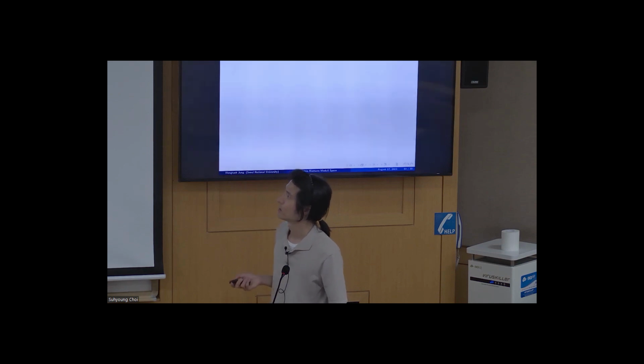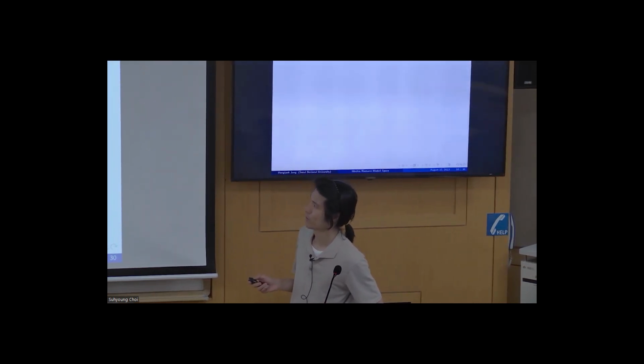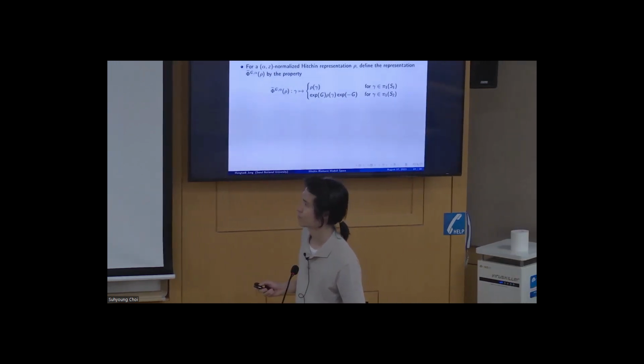So now we can define the Goldman flow, or algebraic bending. Because alpha splits S into two subsurfaces, we can write its fundamental group as an amalgamated product. And let's take a traceless diagonal matrix G. Then we define a new representation by the following property.